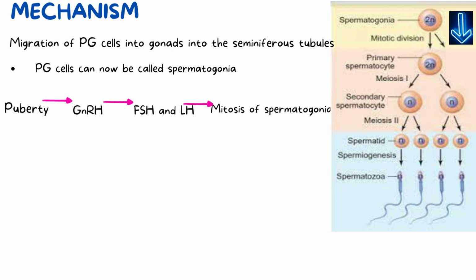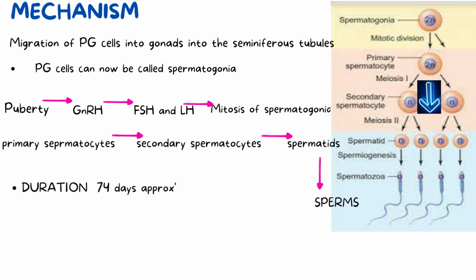Remember, both types are of diploid generation. The primary spermatocytes undergo meiosis I to form secondary spermatocytes, which again divide via meiosis II to form a haploid generation of cells called the spermatids. The spermatids are the immature sperms. The duration of the entire process is approximately 74 days.